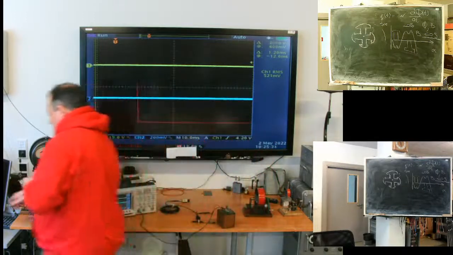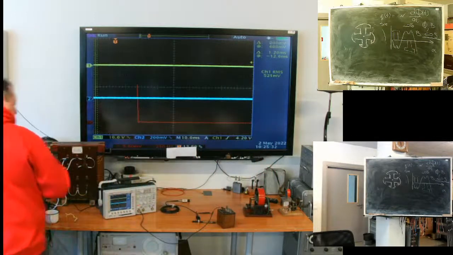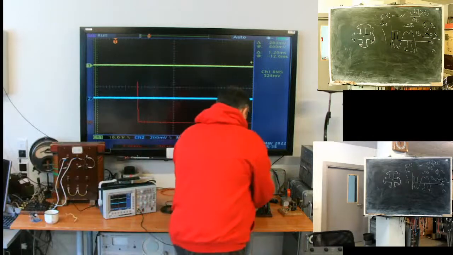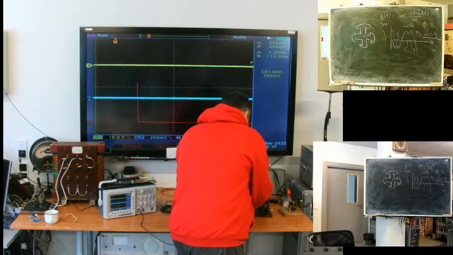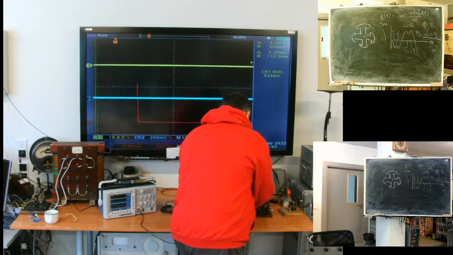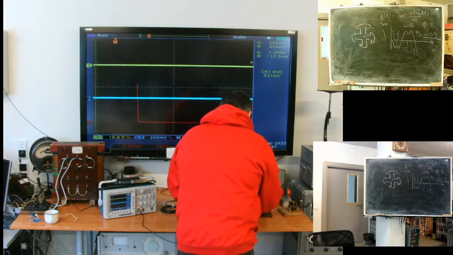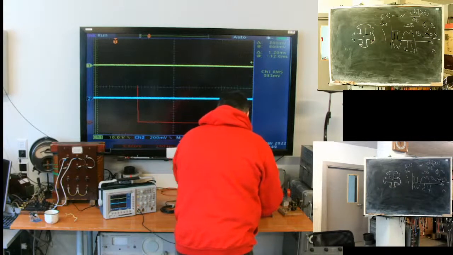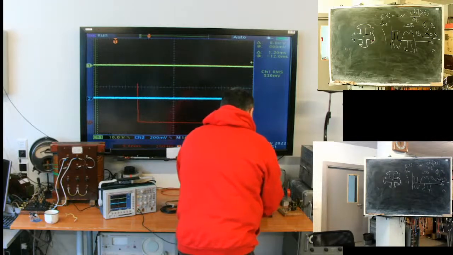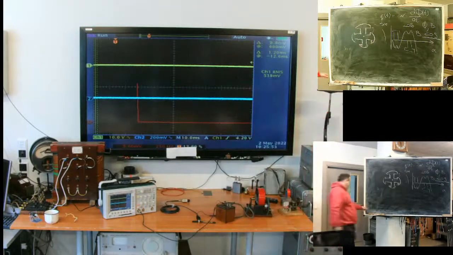This wire is wrong. This one is attached in the box. And here. Okay.